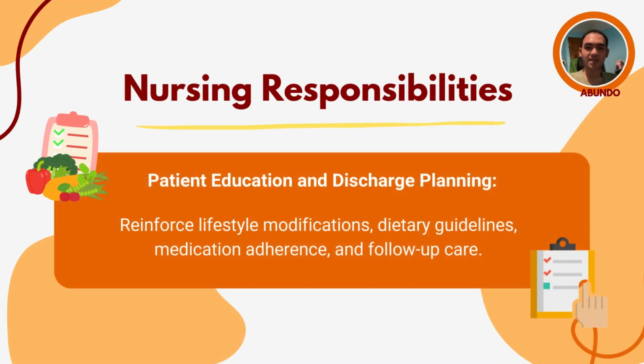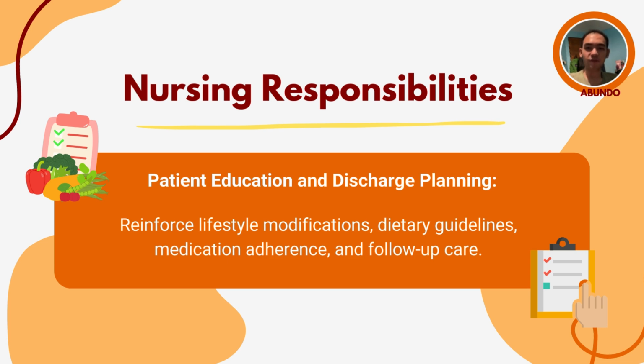For the last nursing responsibility, patient education and discharge planning. Before discharge, comprehensive education is essential to empower patients to manage their condition effectively at home. Nurses should provide instructions on dietary modifications such as low-fat and small frequent meals, proper use of enzyme supplements, and blood glucose self-monitoring techniques if diabetes is present.